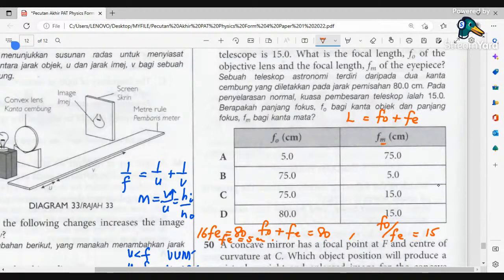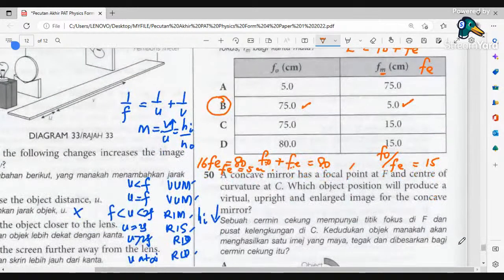Eyepiece mata. Ini FO. So 5 cm. Kalau FE 5 cm, FO ialah 80 minus 5, 75. So jawapan dia ialah B, boy. Okay, boleh. Dia guna dua formula, magnification dengan length or separation distance between two lenses under normal adjustment.